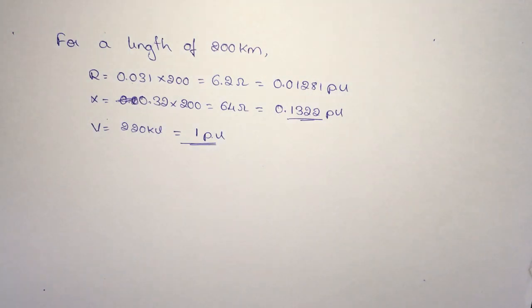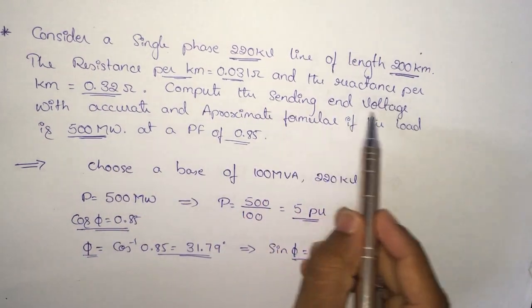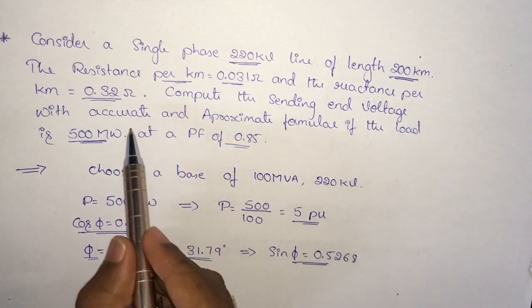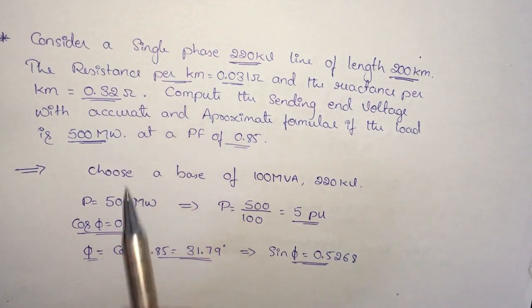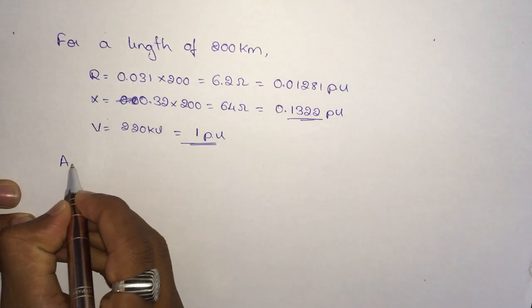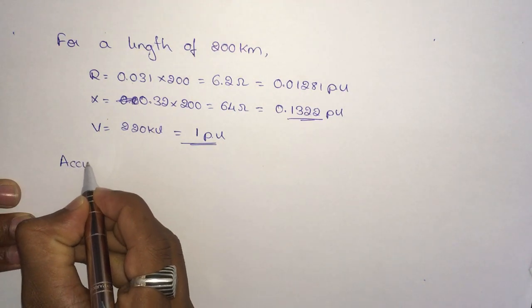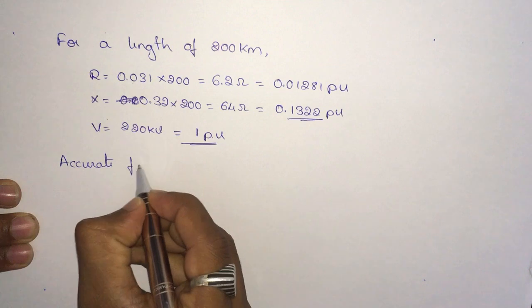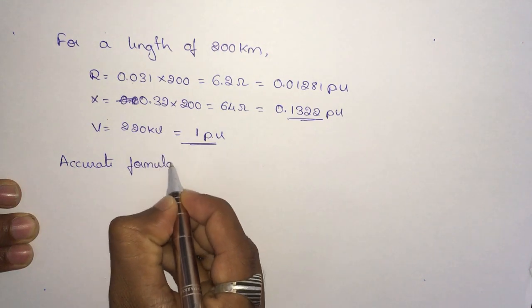To calculate the sending end voltage with the accurate formula, first thing is they have asked to calculate the sending end voltage with accurate and approximate. Now we are going to find with respect to the accurate formula.